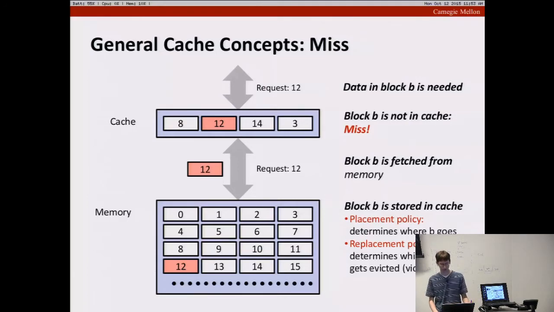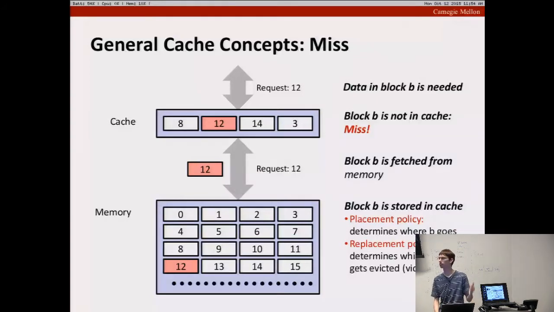And so we can have a couple of different placement policies for how this works, how we determine which gets evicted. If we have multiple lines that we can put it in, because these all have the same set and tag bit, the most common approach is to evict the least recently used thing in the set of things that we're potentially evicting.